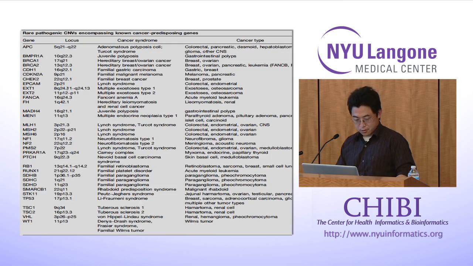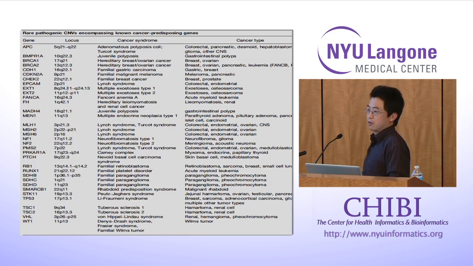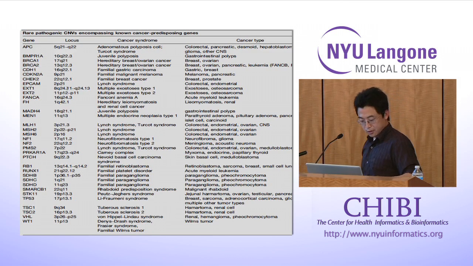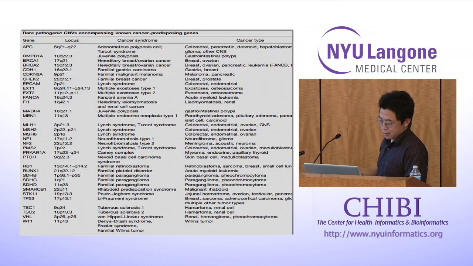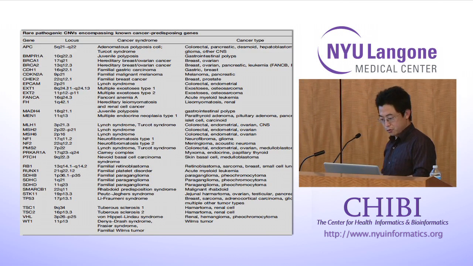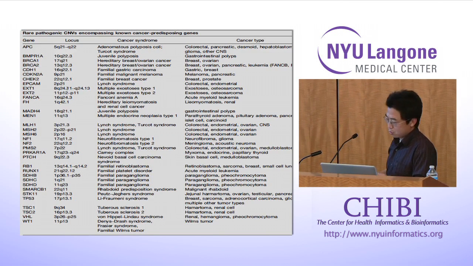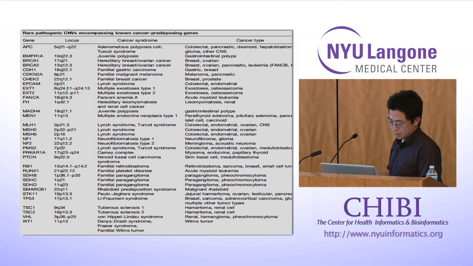So there are many genes that were discovered or associated with copy number variation for cancer or different types of cancers. The number, I think, keeps growing if you analyze more copy number data sets, and having a bigger data set will help you discover cancer-related genes more significantly.